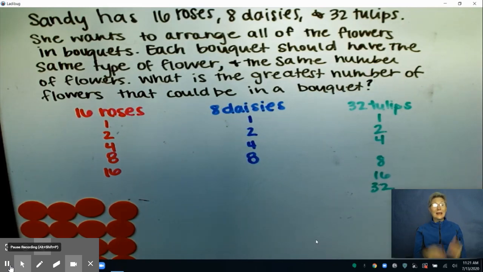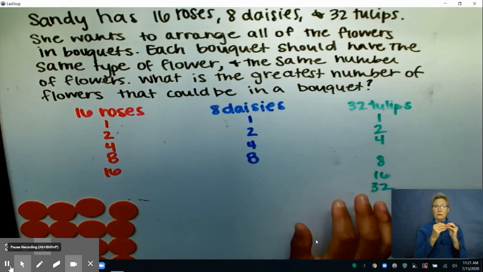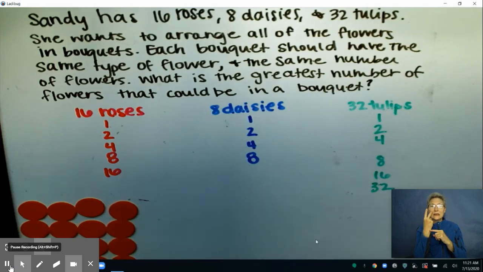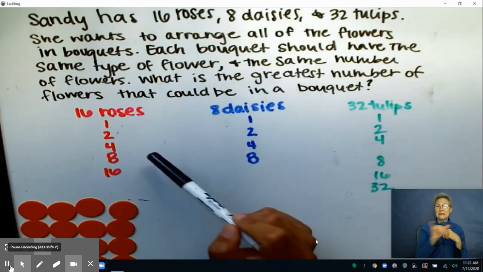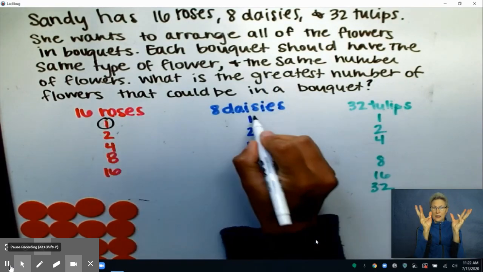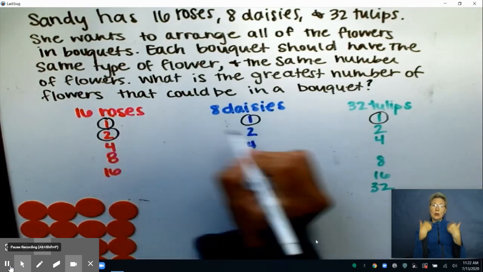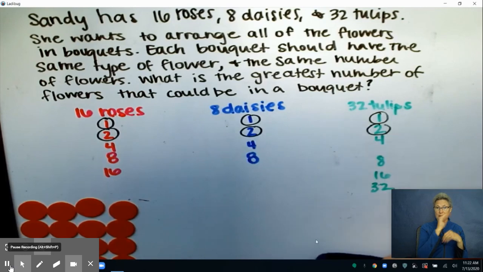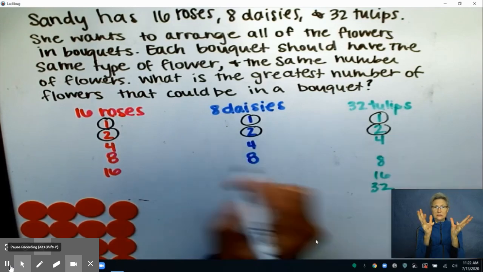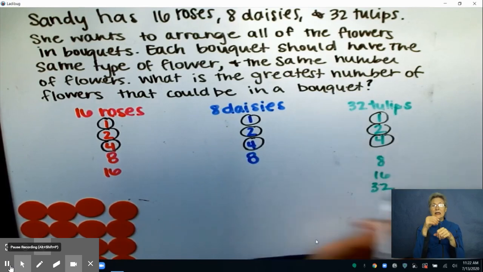Now what I'm going to do is look across my different numbers of flowers here, because my problem told me that we need to have the same number of flowers in each bouquet. So I'm seeing that I could have 1 flower in all of the bouquets. I could also have 2 flowers in all of the bouquets. I could have 4 of each type of flower in all of our bouquets.